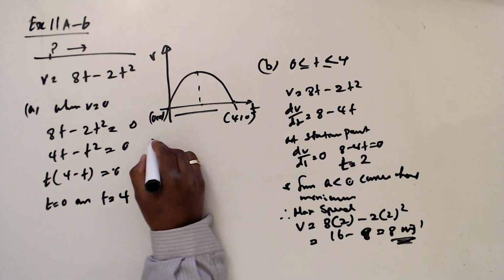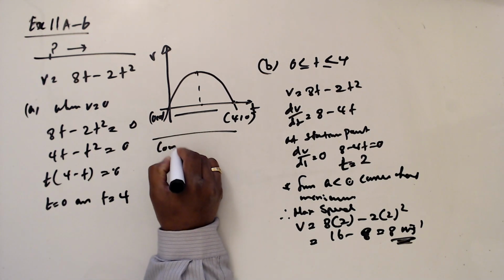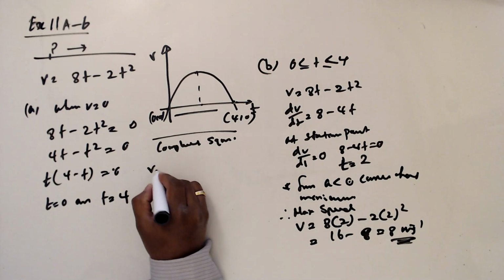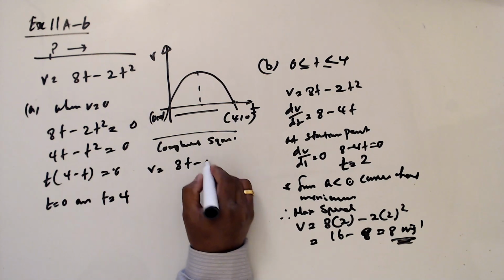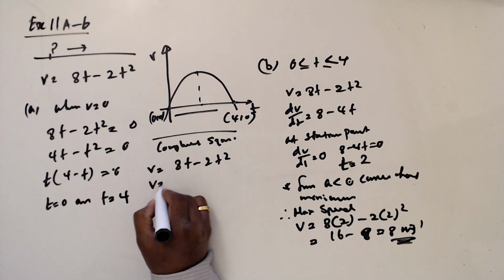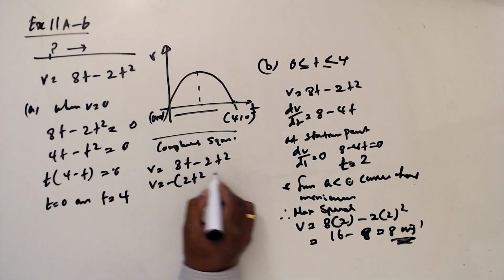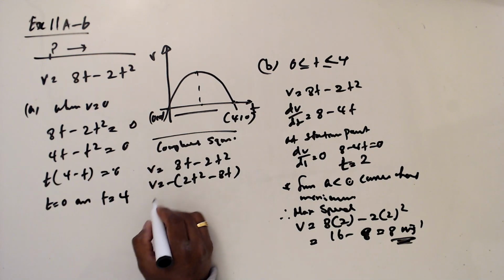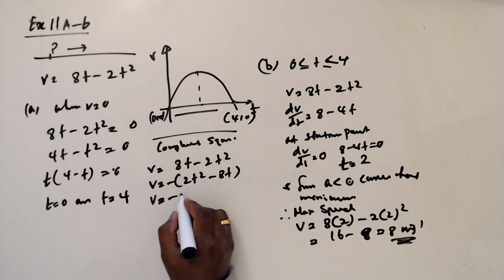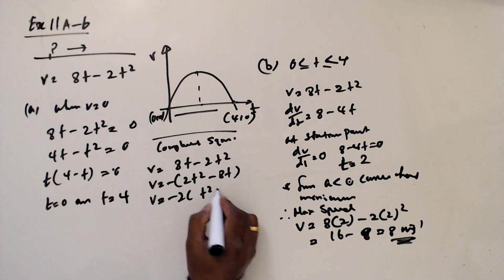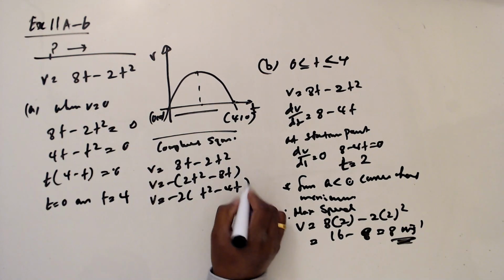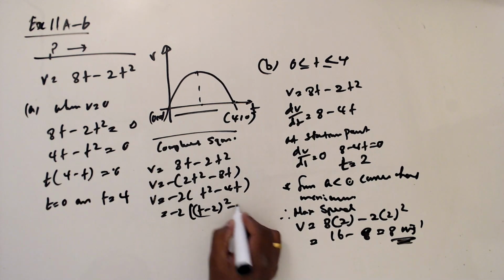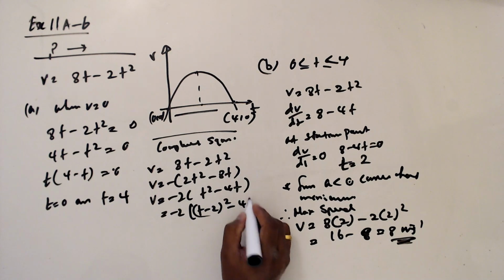Or you can complete the square. v equals 8t minus 2t square, v equals minus 2t square plus 8t. So we take minus 2 out: t square minus 4t, then minus 2 times (t minus 2) square minus 4.